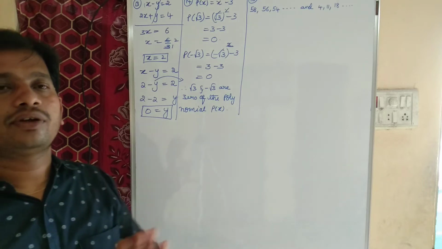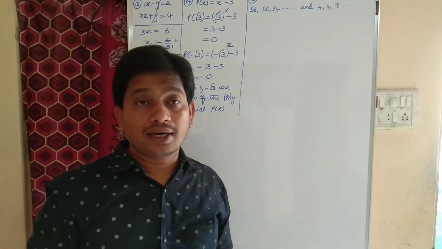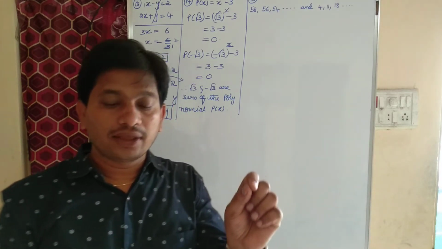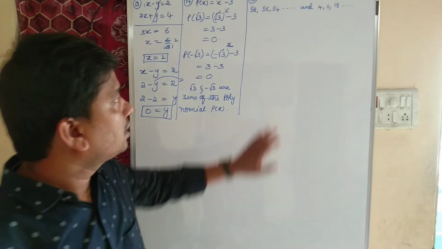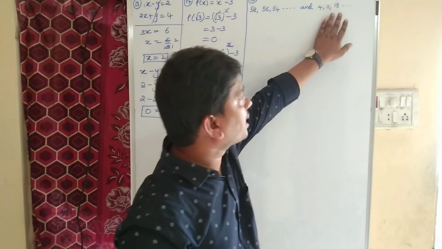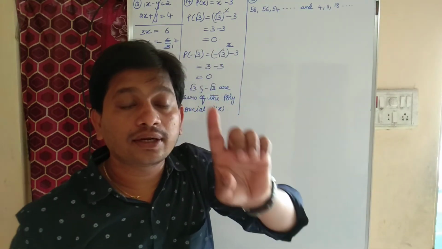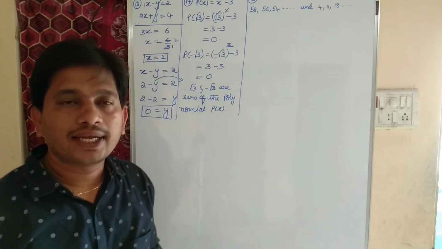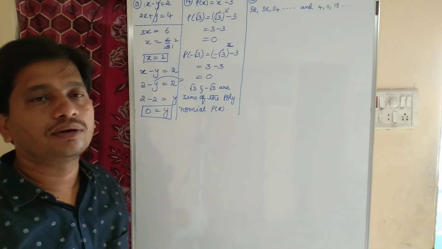This is a little bit of a confusing question, but not the toughest. Once again I am repeating the question. This is one AP and this is the second AP, whose nth terms are equal. Then they are asking to find the value of n.